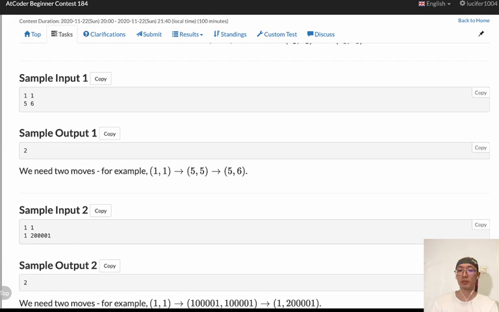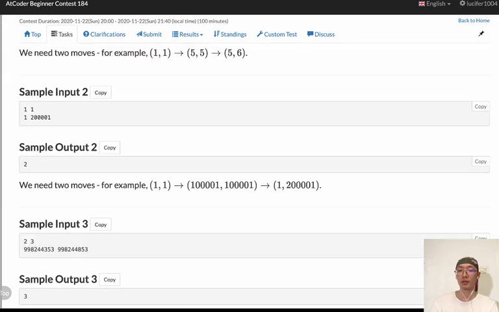In the first example, we first move along this diagonal, then we use the neighbor. In the second example, we first move along this diagonal, then we move along this diagonal.